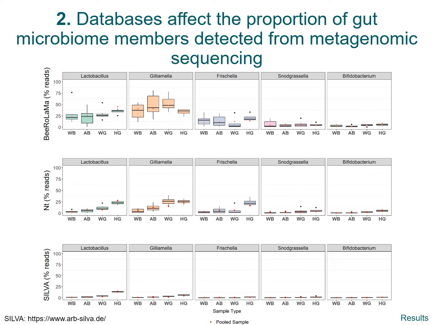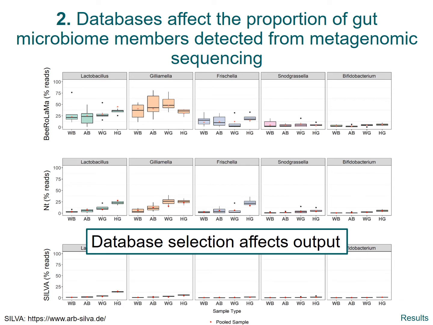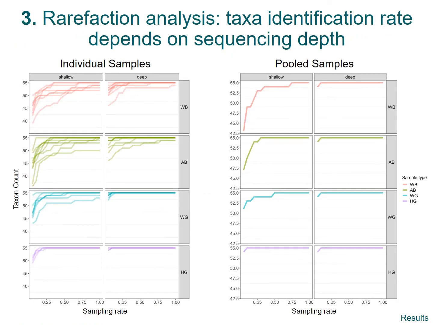At the genus level, the BeeRolama and NT databases provide similar results. However, the detection levels are very low for all 5 genera using the Silva database. Therefore, database selection for metagenomic sequencing analysis is crucial for optimal output.